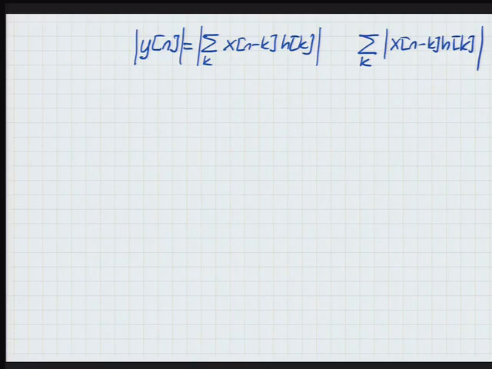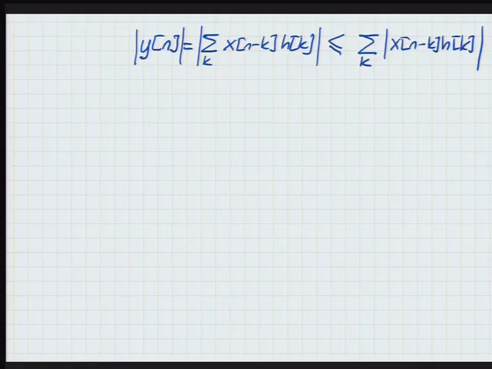The one on the right is bigger because on the left you added a bunch of numbers, then took the absolute value. On the right, you took the absolute values, then added. If some of these numbers were negative, that would have brought the expression on the left lower than the one on the right. So this is an upper bound. All I'm trying to get is a hard bound on the absolute value of y, and that will conclude at least one part of the proof. So finding upper bounds is fine.